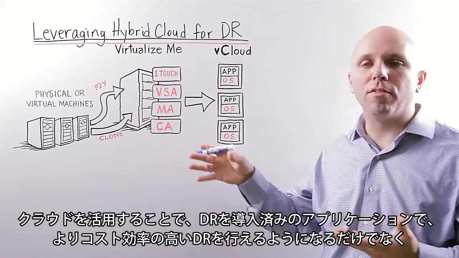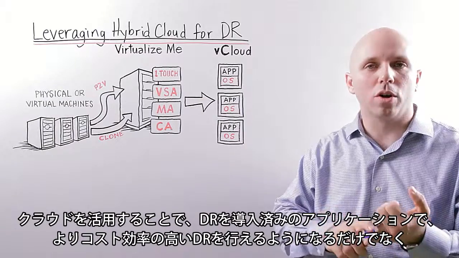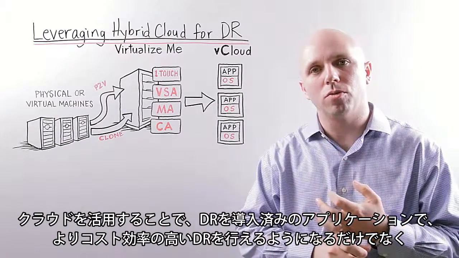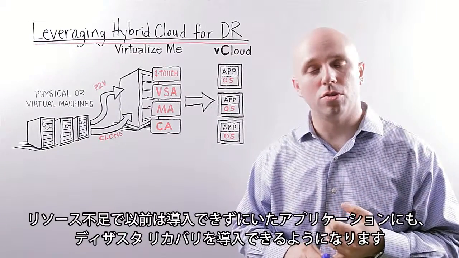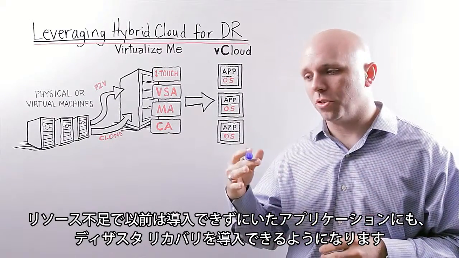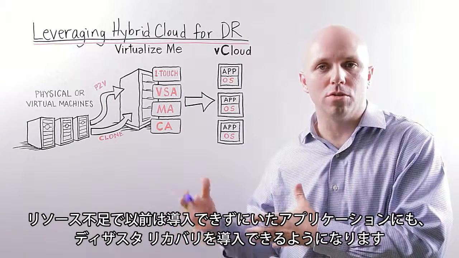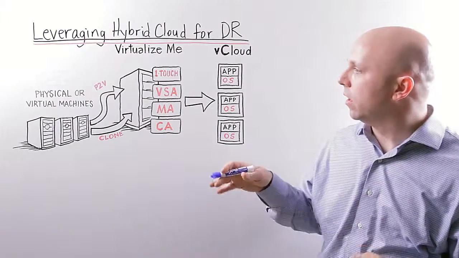So by leveraging cloud, you can not only do more cost-effective DR for those applications that you're doing it today, but you can bring disaster recovery to applications for which you didn't have the resources to do disaster recovery before.